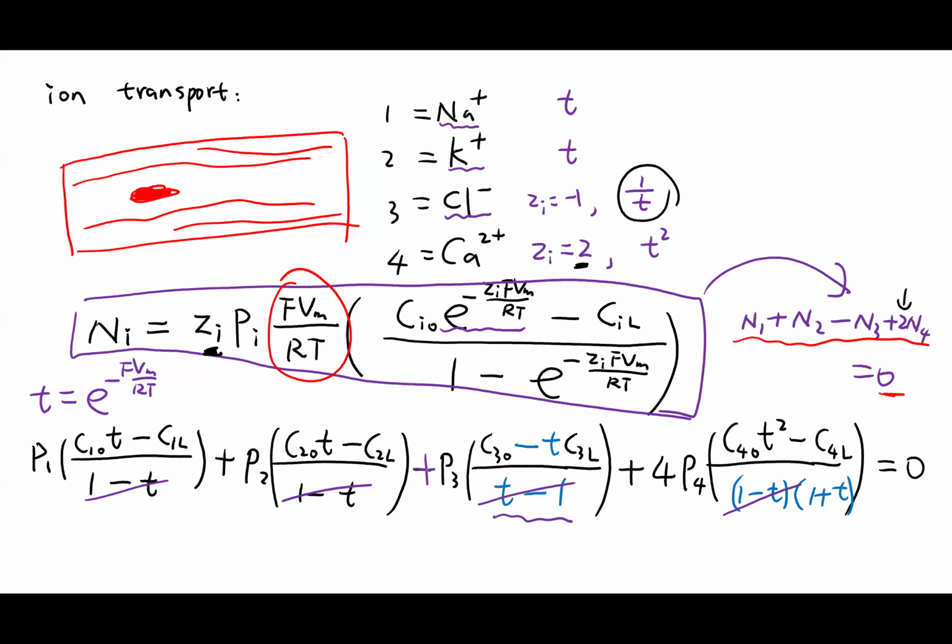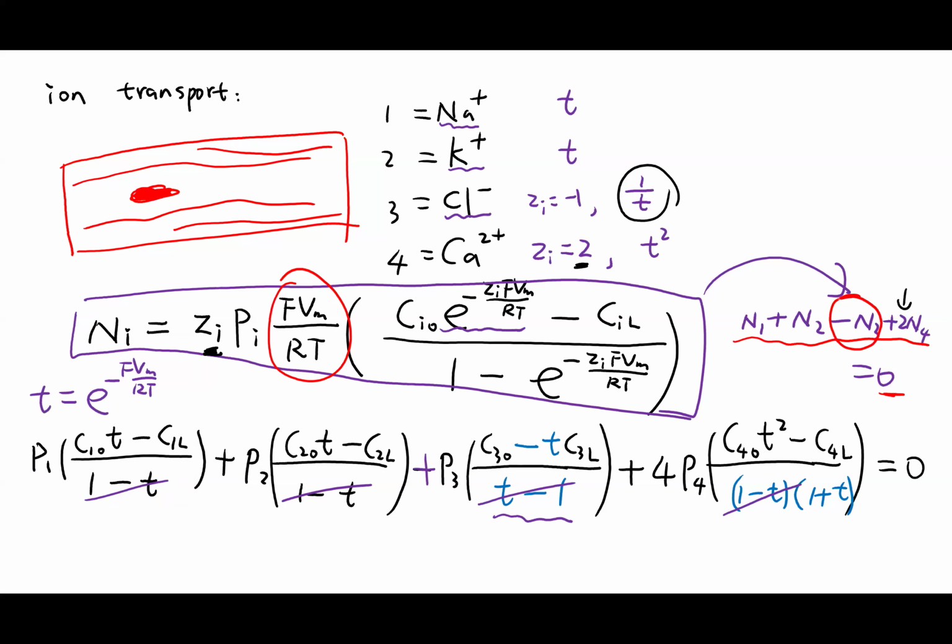So let's see if we made it right. Seems like we made a small mistake here. At the very beginning, this should be negative, right? But then the Zi is also negative, so negative becomes positive.